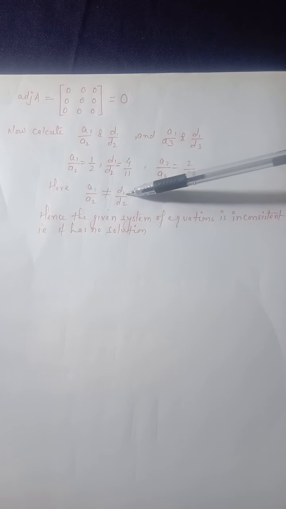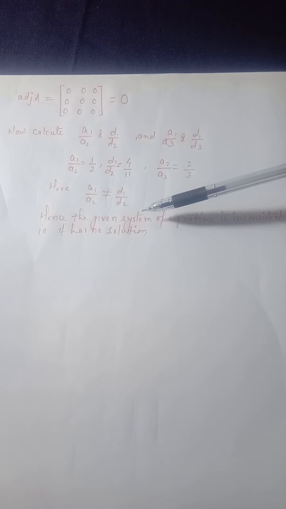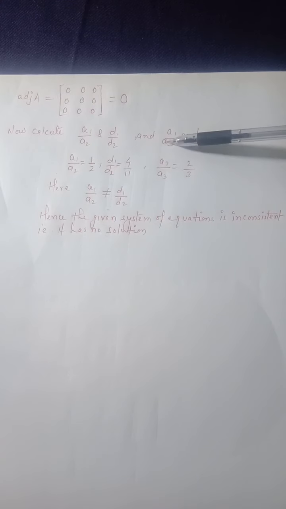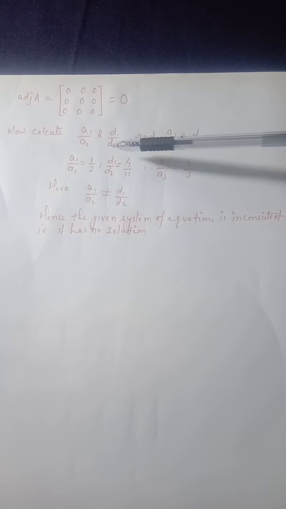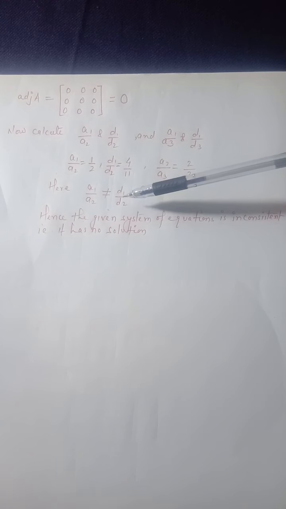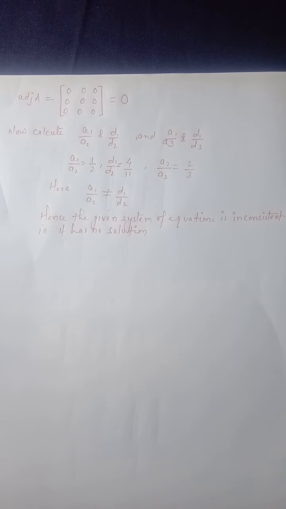So when these are not equal, we will directly say that the given system of equations is inconsistent or it has no solution. Remember that both conditions must be verified, right? So here a single one is not verified, so it's enough to say that the system of equations is inconsistent or it has no solution.